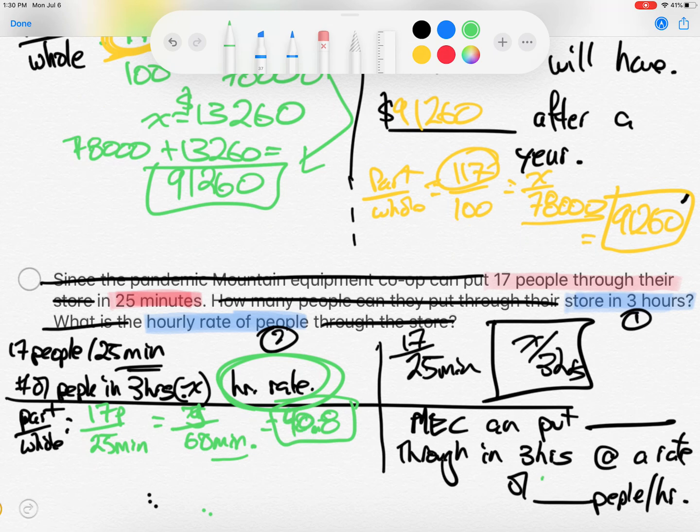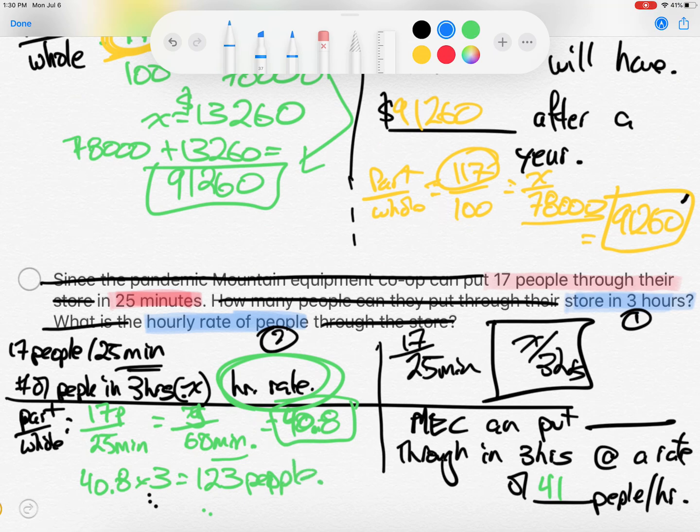Okay, so this is 41 people per hour. You can't put 0.8 of a person through. Now we can multiply this by 3. 40.8 times 3, or 41 times 3, is going to give me roughly 123 people. Two steps. Step 1, step 2.